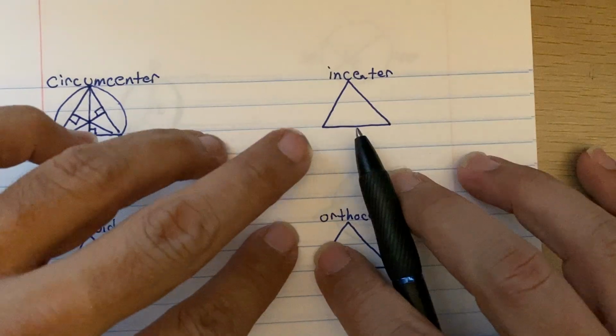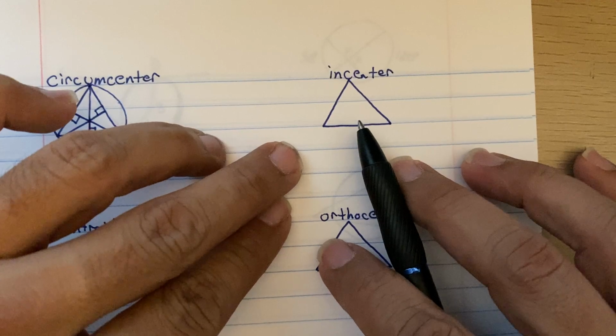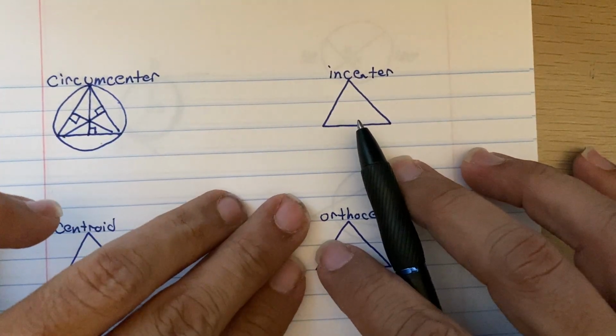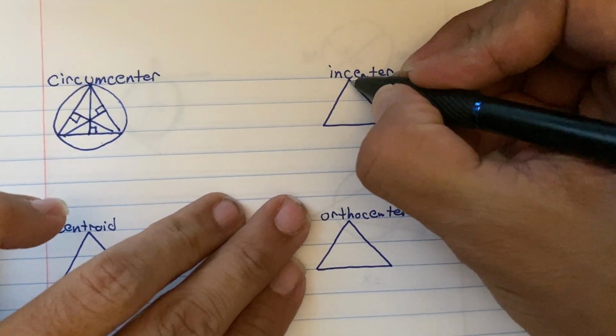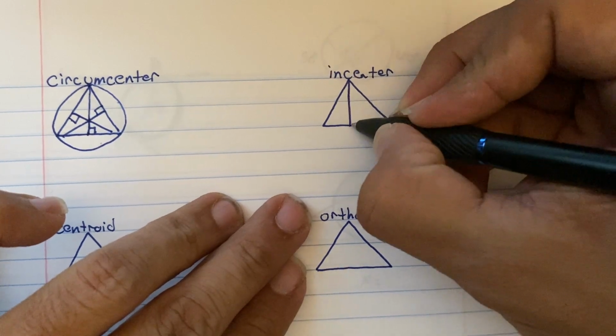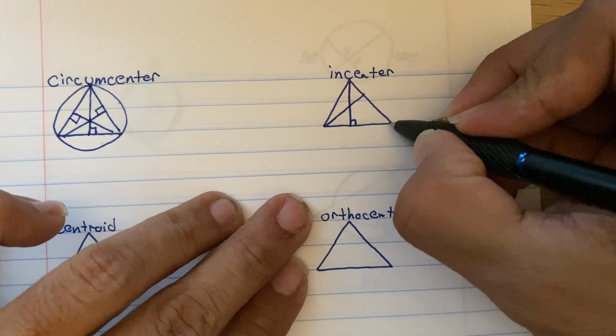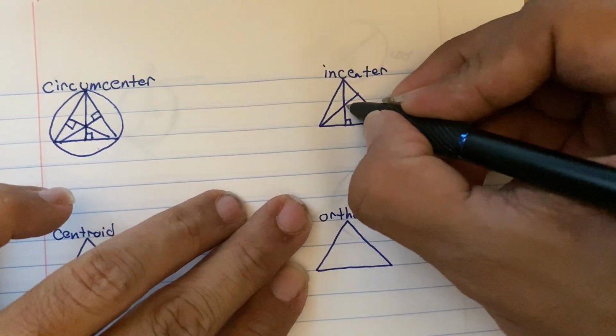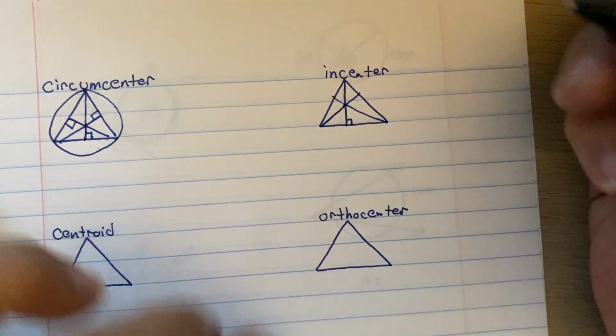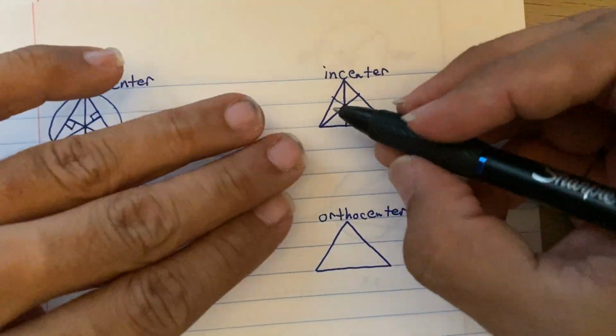Now, incenter uses angle bisectors, okay? So all the angle bisectors meet at one point that is equidistant from all of the sides.